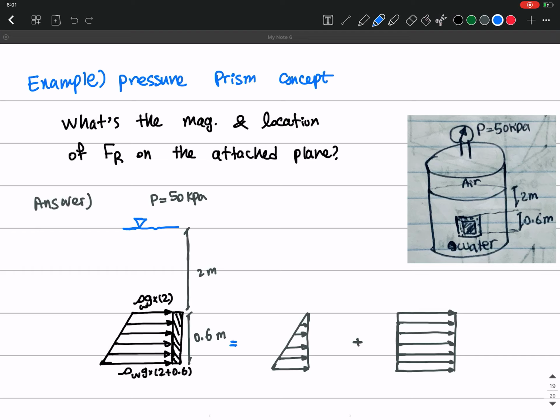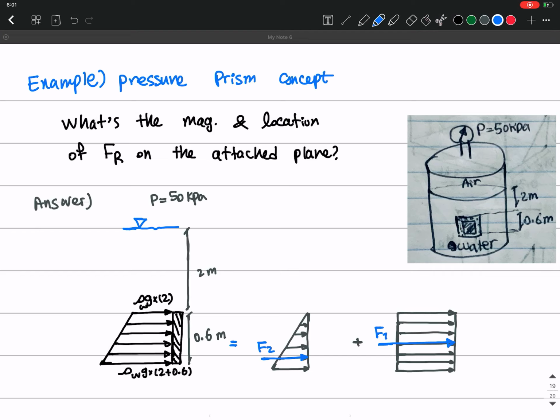So we are going to have first F1, which is the total force that is exerted on the plane by this rectangle. So I'm going to just show it as F1. And then we are going to have F2, which is the total force that is exerted by this triangle on this attached plane. So the total force Fr is going to be the sum of F1 plus F2, right?